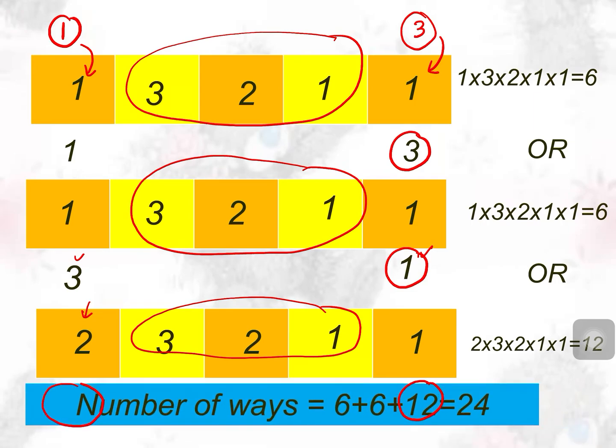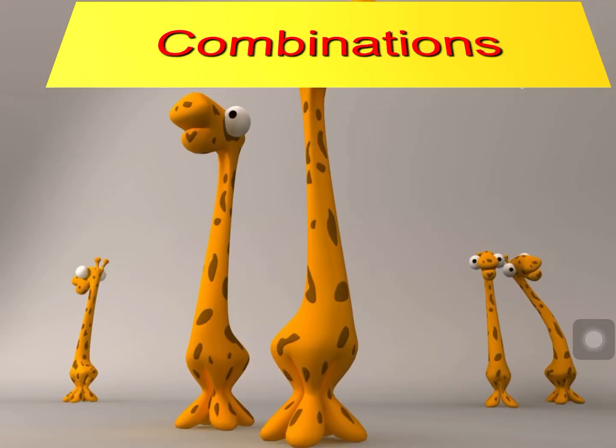So what are the numbers of ways to arrange this? So we have number of ways equals 6 times 6, 6 plus 6 plus 12, because it's 'or', right? That's why we put plus.